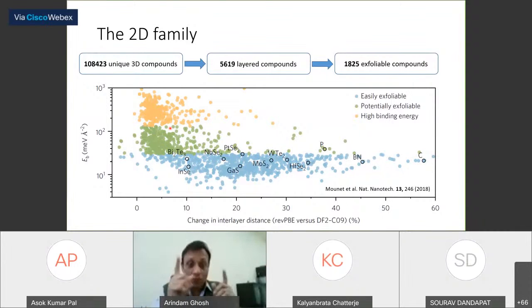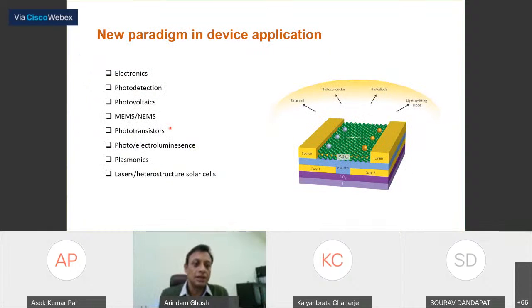Now, if I take one of these materials, say a transition metal dichalcogenide like molybdenum disulfide or tungsten diselenide and so on, you can see the same device can be used in electronics because it's a high electron mobility transistor. You can make photodetection, that is, detect light with it. You can use it as a solar cell.